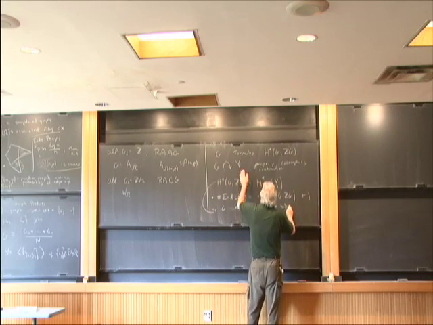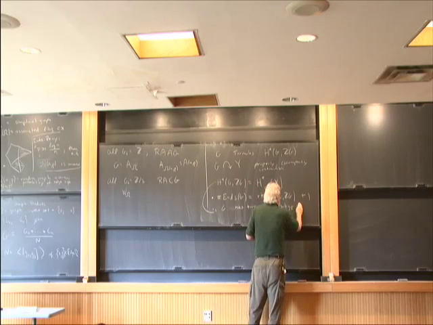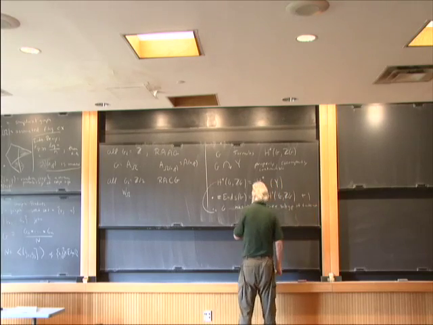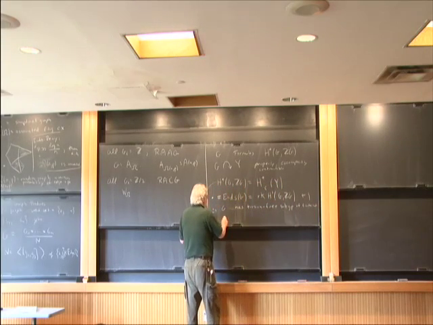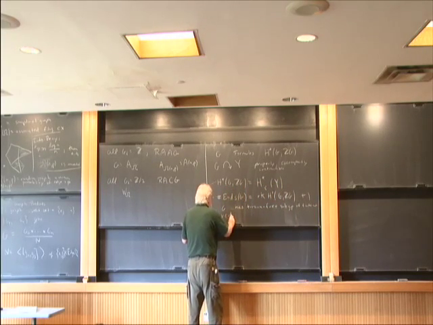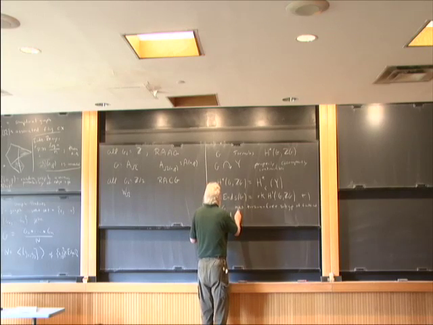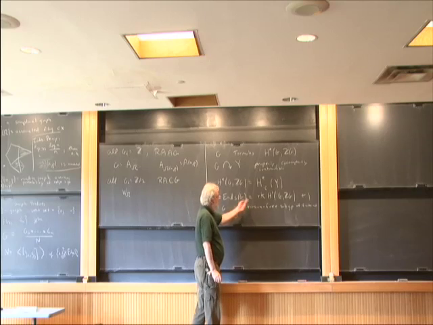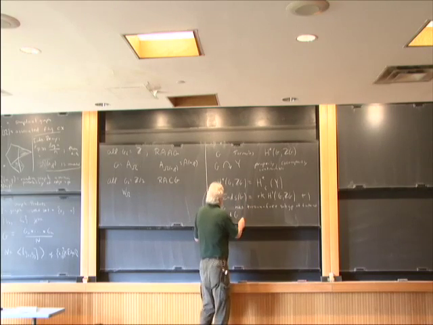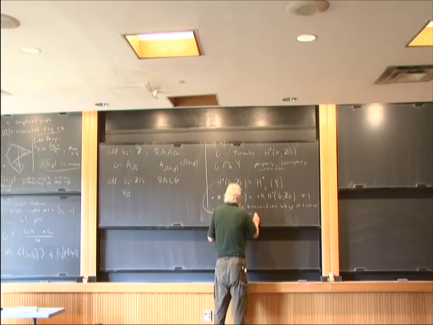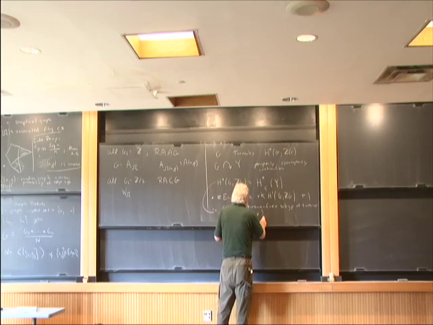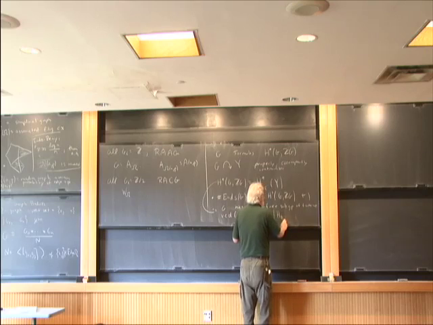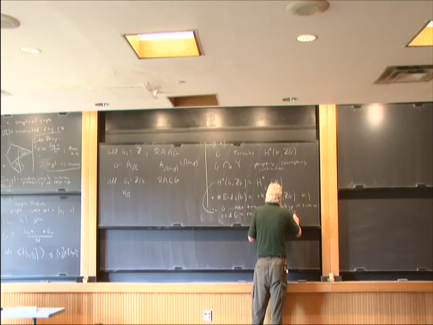So something like this is true. Then the virtual cohomological dimension of G, which means the cohomological dimension of this torsion-free subgroup, is equal to the maximal degree in which any one of these homology groups is not 0.